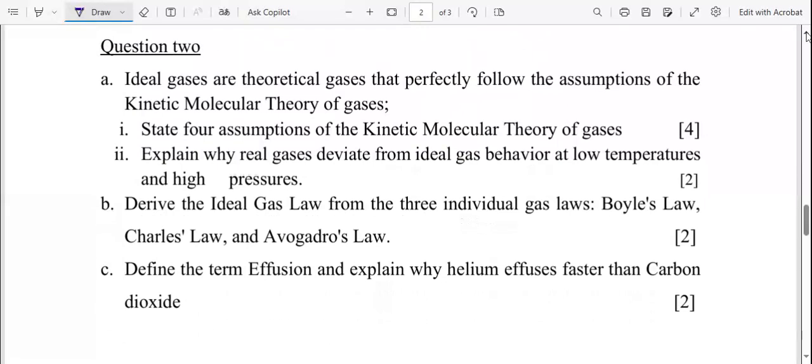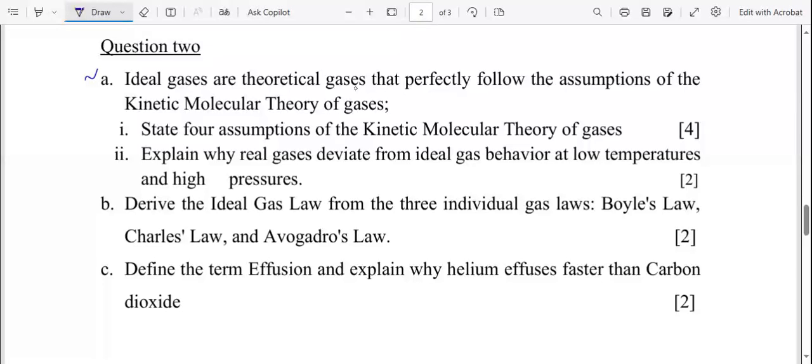So the other thing that we need to talk about is ideal gases. Ideal gases are theoretical gases that perfectly follow the assumptions of the kinetic molecular theory. I've been talking about kinetic molecular theory.